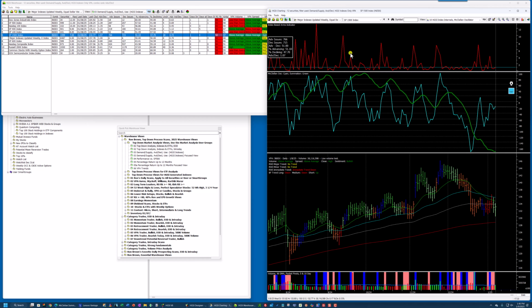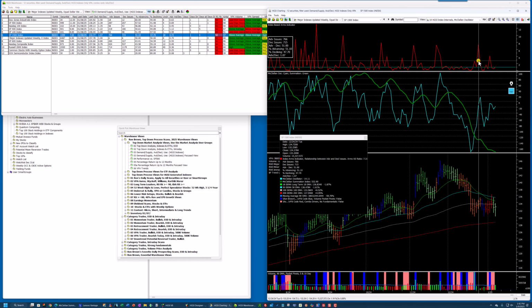In the top window, this just shows the advancing issues versus declining issues as represented by this red line right here. When you see a strong peak, that shows that there was strong buying that day, with advancers leading decliners.